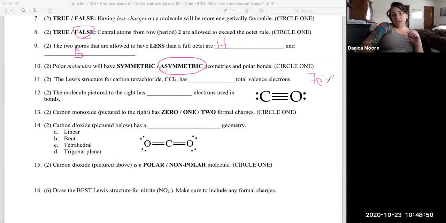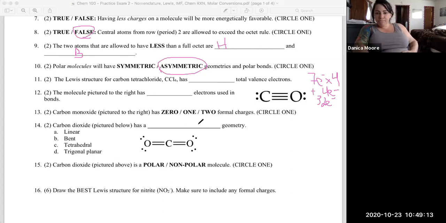So 7 times 4 gives us 28, plus the 4 from carbon gives us 32 electrons. Everybody comfortable with that?